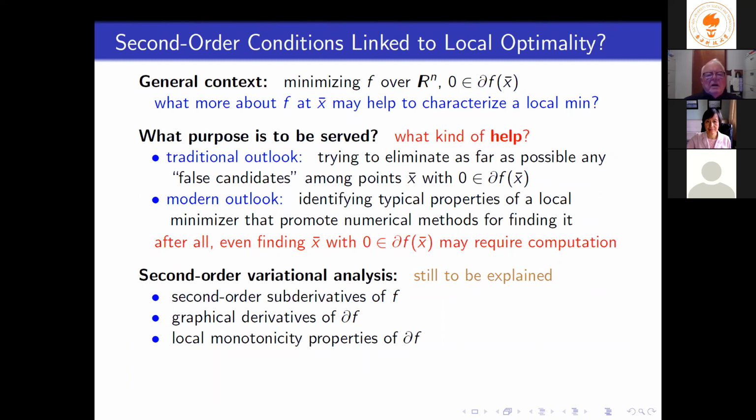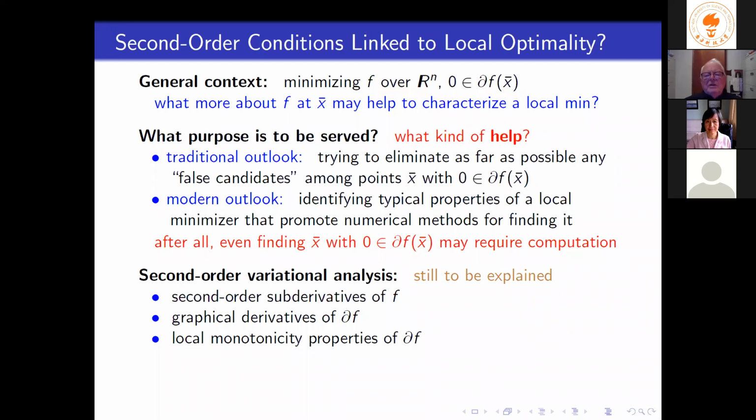So if I'm minimizing a function over Rn, and I know the first order condition that 0 should be a subgradient, now I know that to characterize a local minimum, there'll be something more. But I want to be very clear that my goal is not necessarily just to characterize as closely as possible all the extra conditions that would mean that I have a local minimum.